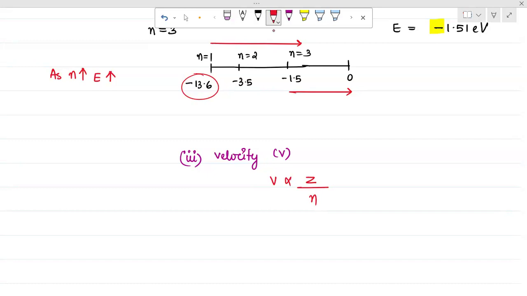All right, so there are a lot of parameters that you can get from your principal quantum number. And with that, we have completed the first part of the address.